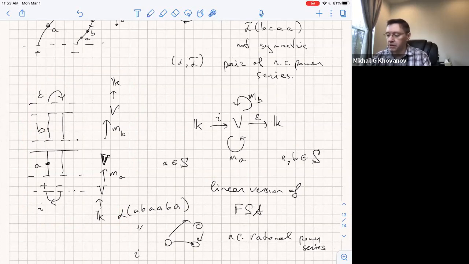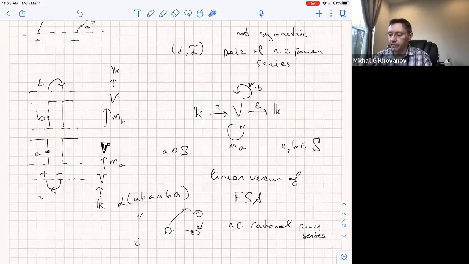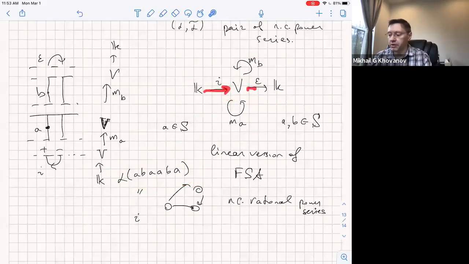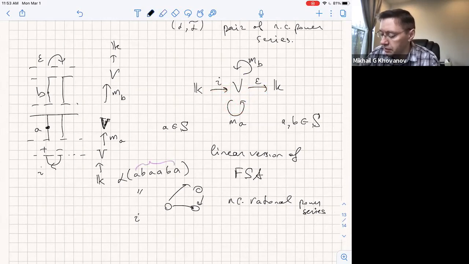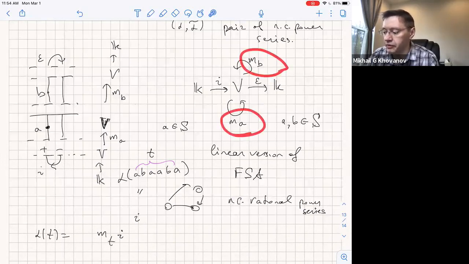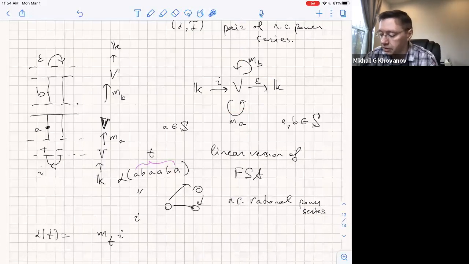One of them is that the evaluations alpha of words can be encoded in this way: there is a finite dimensional vector space, these maps and these maps, such that alpha of T for any sequence T is equal to I composed with the map M_T, the composition of maps for elements of a sequence T, composed with epsilon.